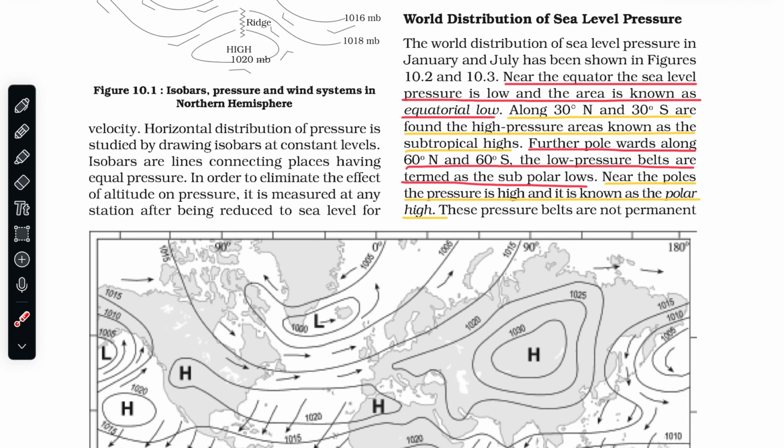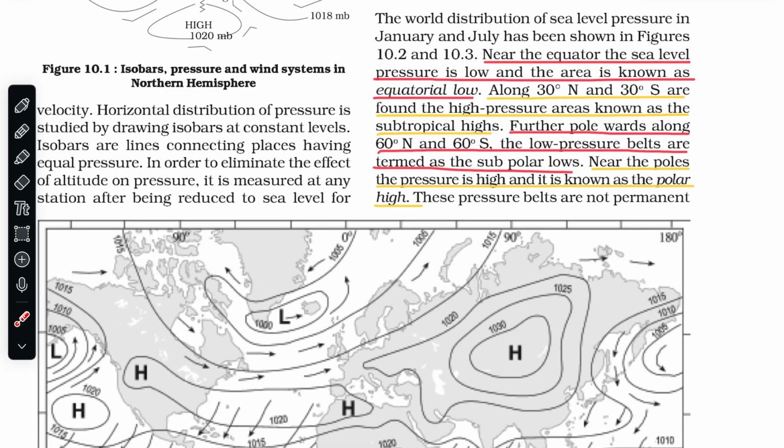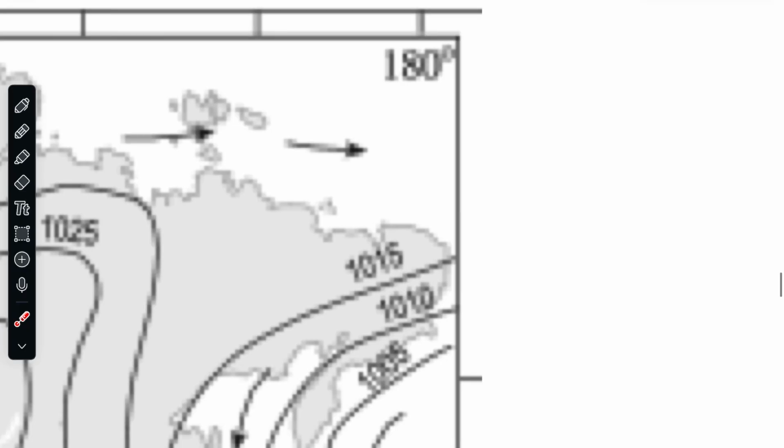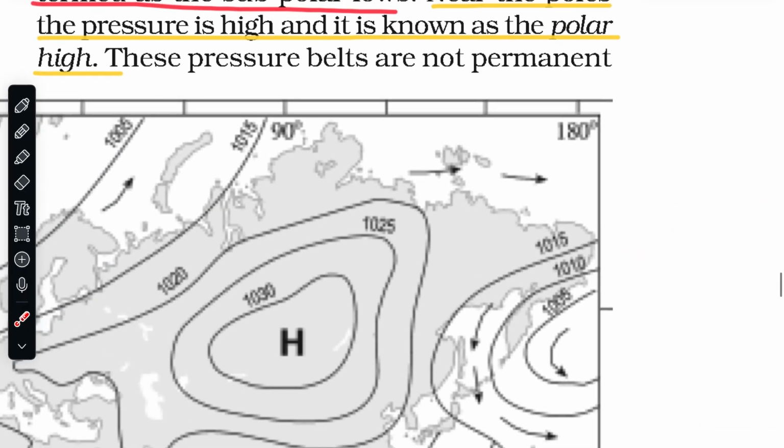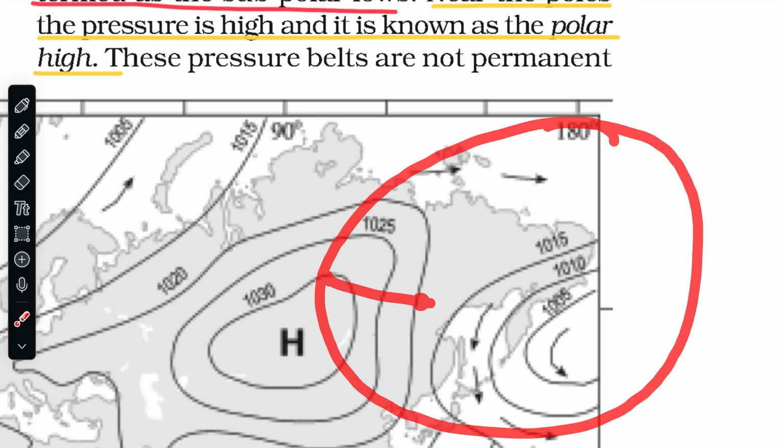Further polewards around 60° north and 60° south, again there are low pressure belts, termed as subpolar low. Near the poles, the pressure is high and it is known as the polar high. So if I just draw an earth over here, yes, it's a very small earth. If this is the earth, this is the equator.